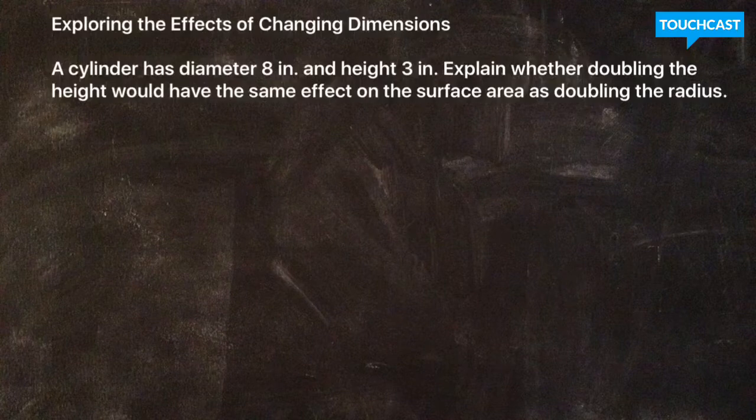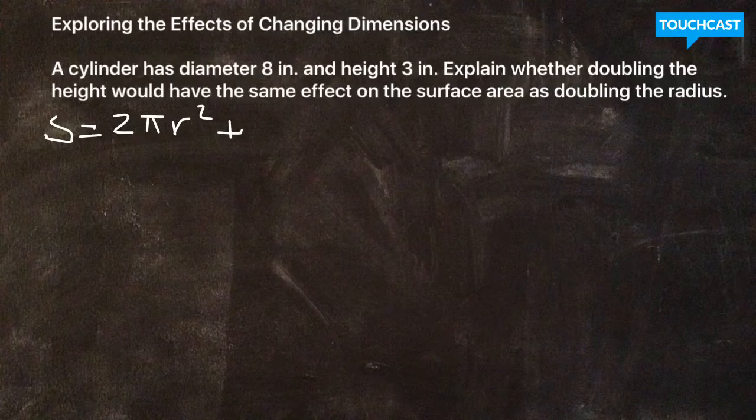Now, if we look at our surface area formula, S equals 2 pi r squared plus 2 pi r h, we need to know the radius and the height.